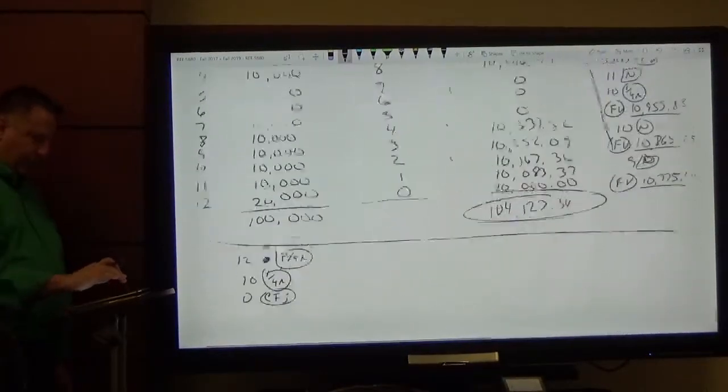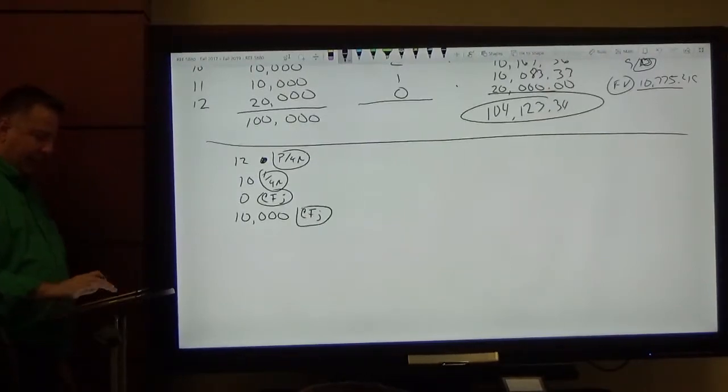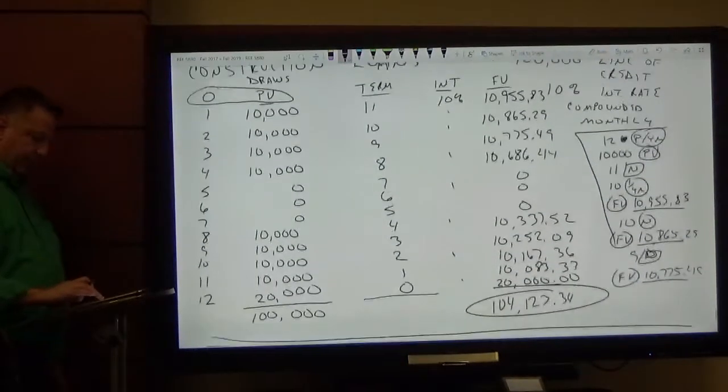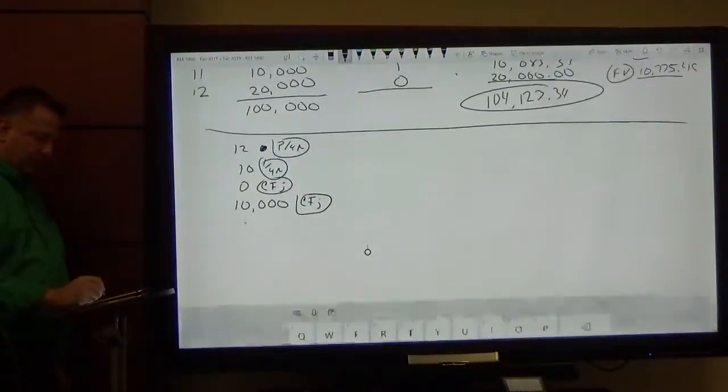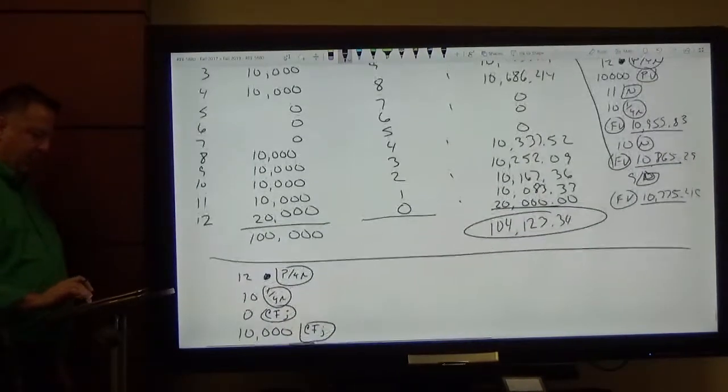So we're going to put that as just a 0. Then we're going to have 10,000 as a cash flow, and that is occurring, in this case, 4 times, so we can shortcut that by 4, shift n sub j.